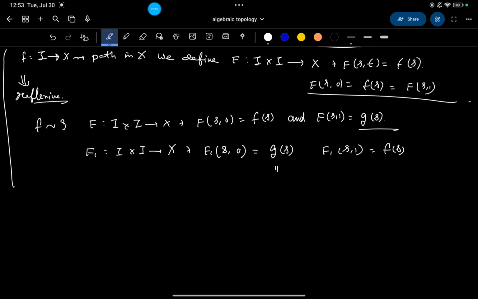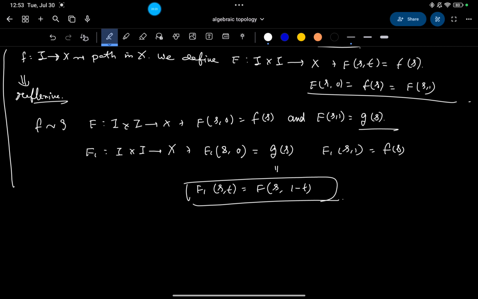So it is enough to define F1 of s comma t as F of s comma 1 minus t, right? Then you see that this condition is satisfied and this one is also satisfied, because F1 of s comma 0 is nothing but F of s comma 1, which is the same as g of s. So this reflects that it is symmetric.